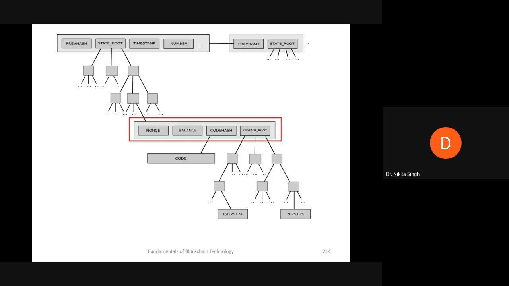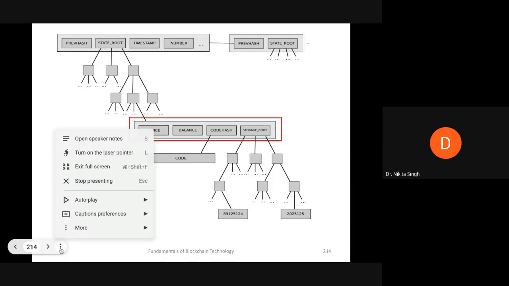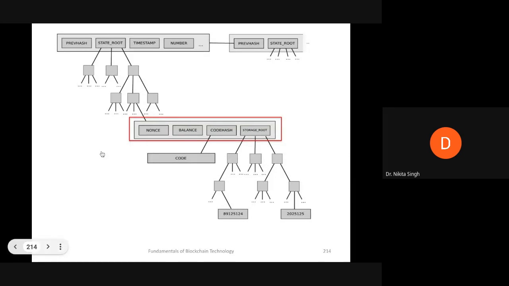So temporary data like the account address is stored on the state trie. Temporary data like the account balance, or you can say the number of transactions that you have made, all of these kinds of data are stored on the state trie. It is not temporary, but it gets updated.